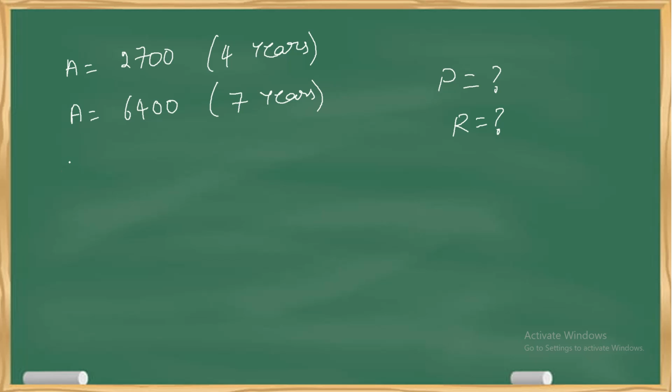This question we cannot solve directly. We need to use the formulas. What is the formula for amount after 4 years? P into 1 plus R by 100 whole power.